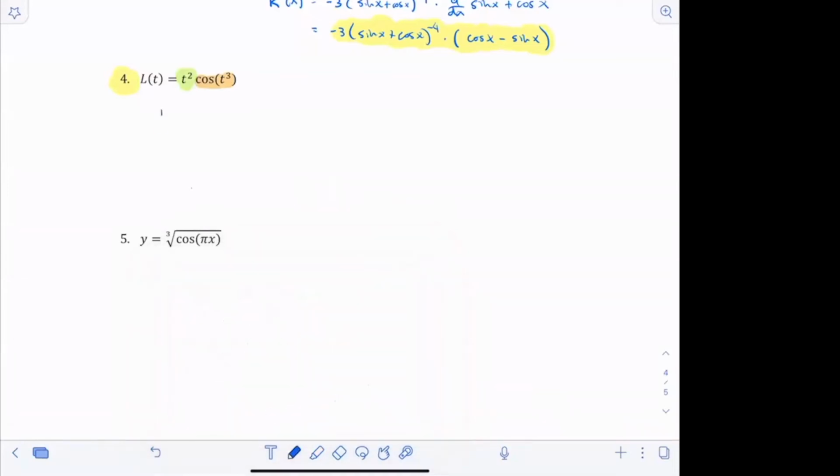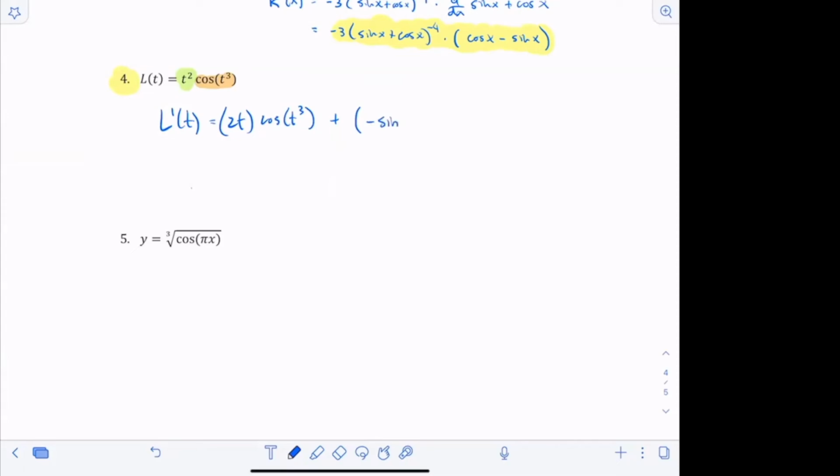So when I calculate the derivative L prime of t, the derivative of the first thing is going to be 2t. I keep the second thing, which is cosine of t cubed, plus the derivative of the second thing, for which I need to use the chain rule. The derivative of cosine is negative sine.